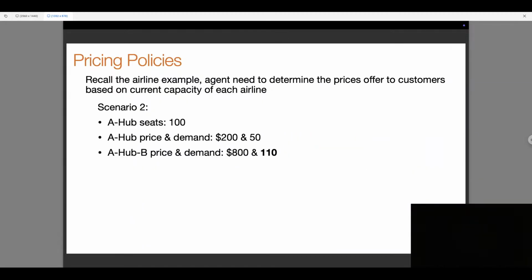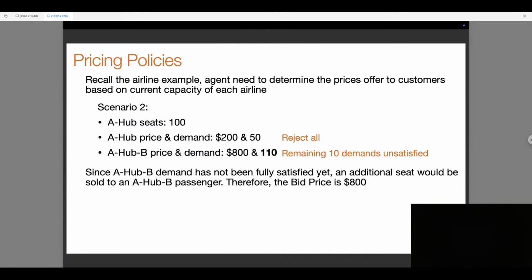For scenario 2, suppose everything remains unchanged except the demand for the A2 hop to B increased to 110. So the clever agent will sell all the seats to the A2 hop to B. However, there are remaining 10 demands unsatisfied, right? And the demand for A2 hop is all rejected.